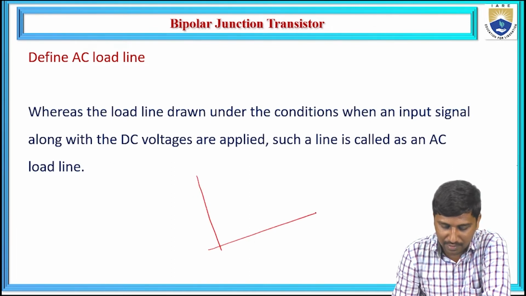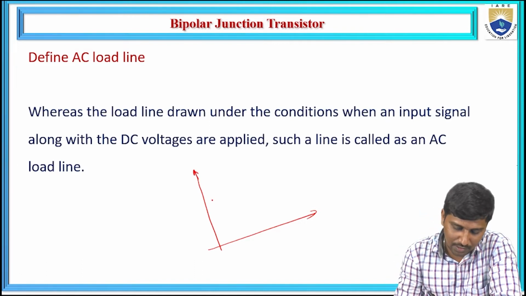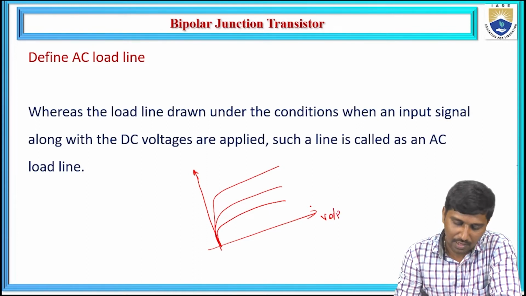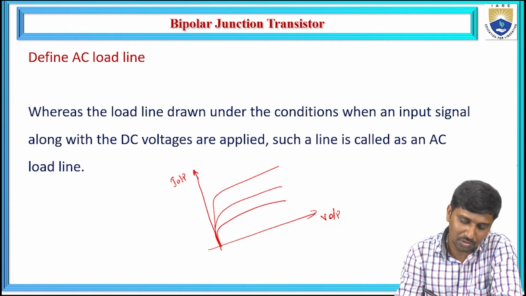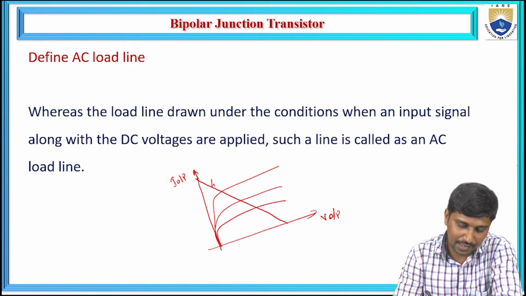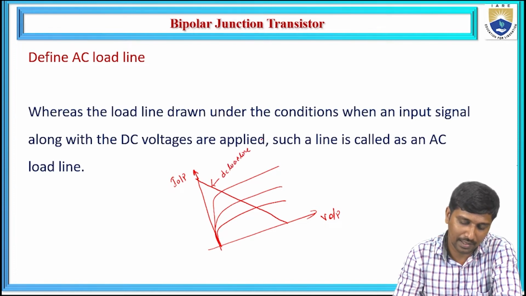Suppose you take the characteristics. First we need to draw this in the output characteristics. Suppose I take the transistor output characteristics, with output voltage V out and output current I output. First we need to draw the DC load line, which is observed under the absence of a given AC signal, and that is called the DC load line.